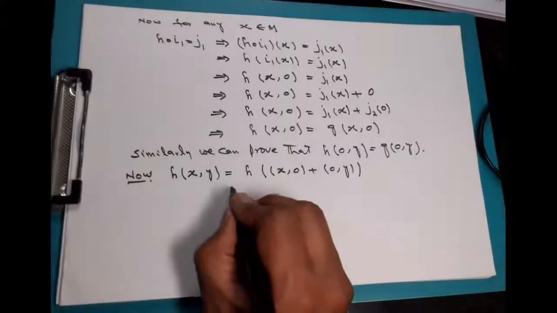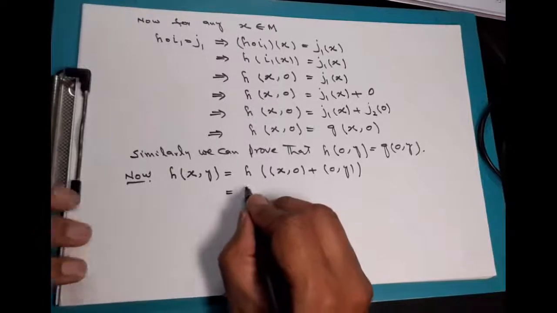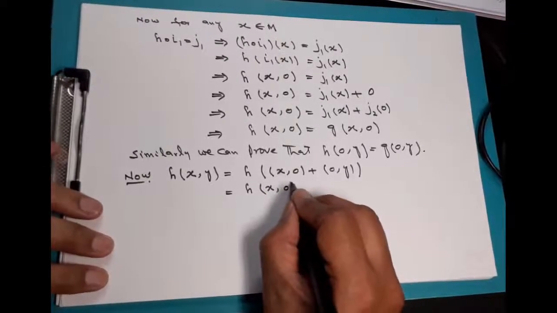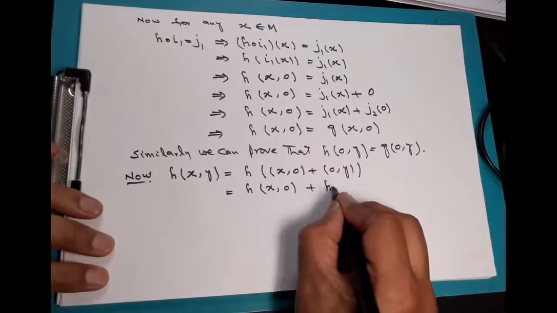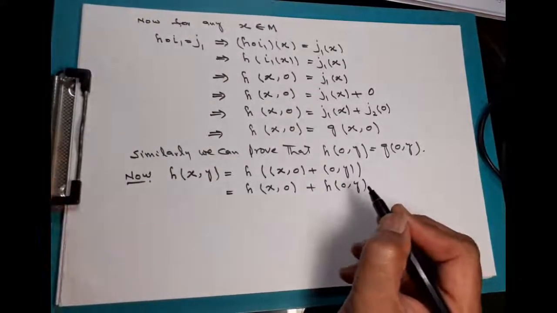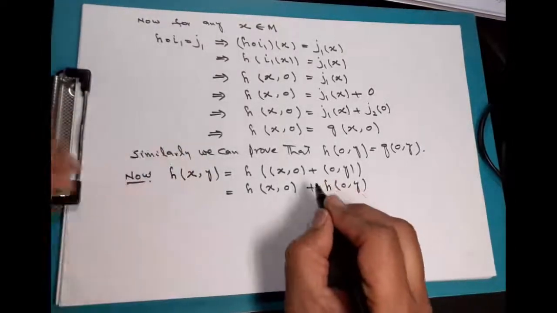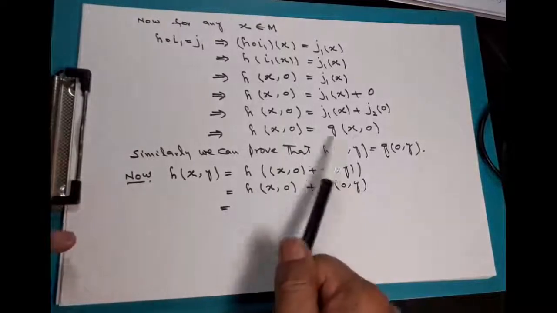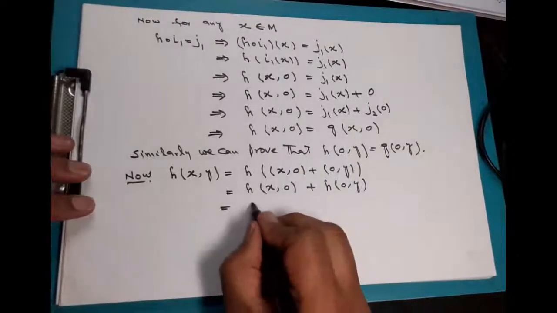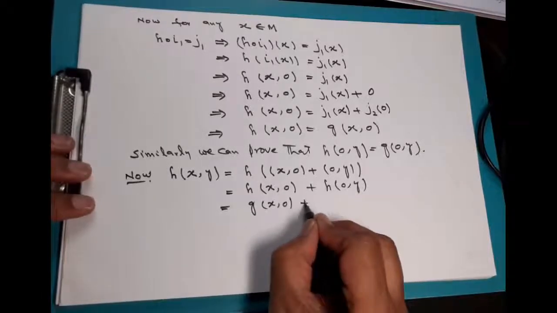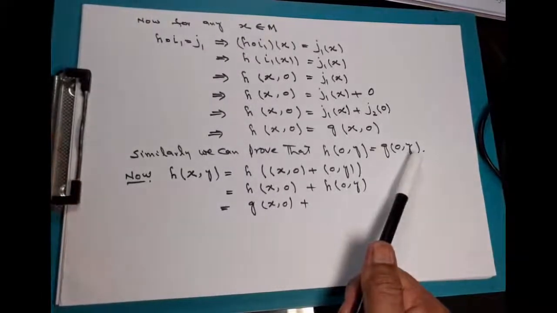Since h is a module homomorphism, this is equal to h applied to (x,0) plus h applied to (0,y), because module homomorphisms preserve addition. And h(x,0) is equal to g(x,0), and h(0,y) is equal to g(0,y).